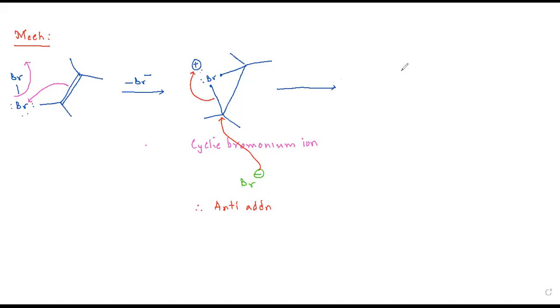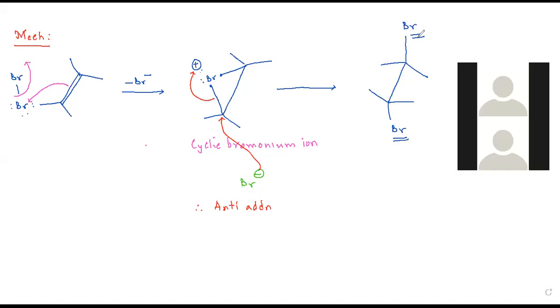Then look at what we get. See, because of the attack of this, the position of the things is changed. Now this is anti, right? The bromines are at anti position to each other. Okay. This is a simple mechanism.